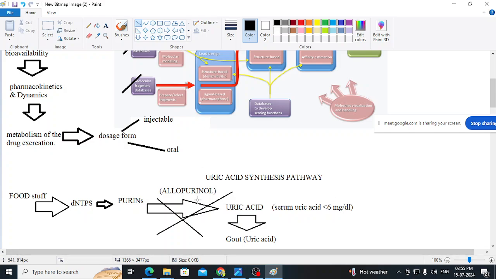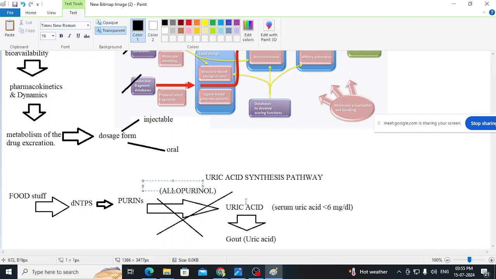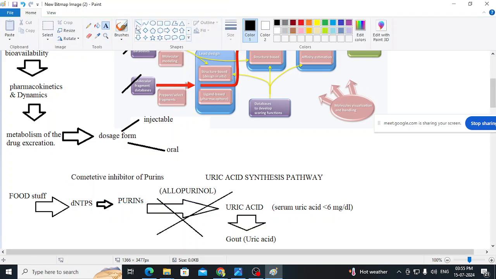So allopurinol is a competitive inhibitor of purines, and therefore it stops the formation of extra uric acid crystals.